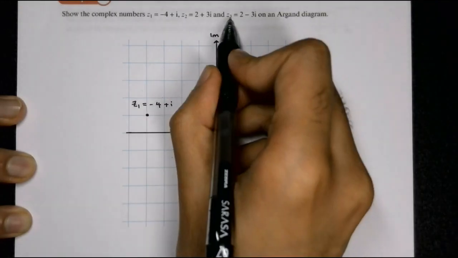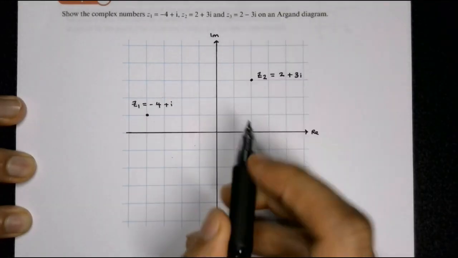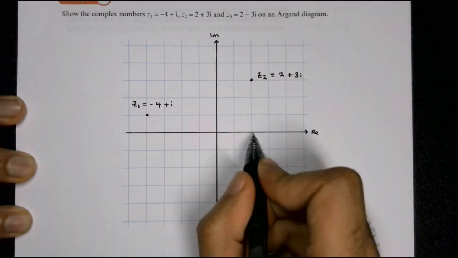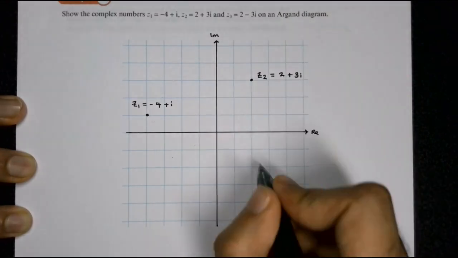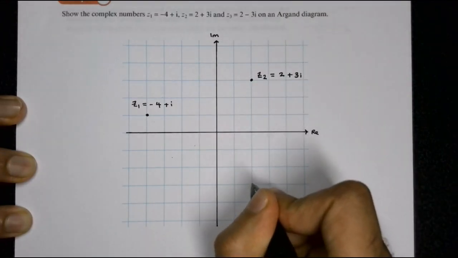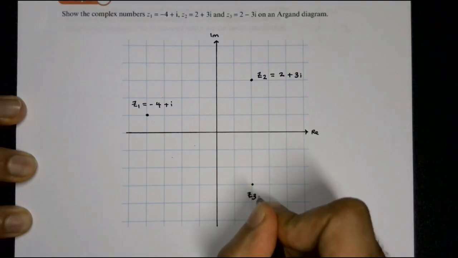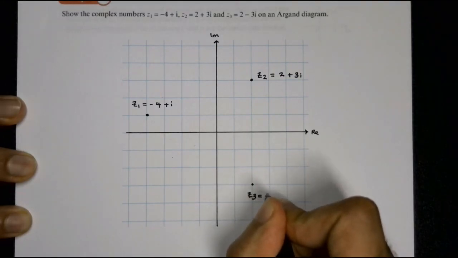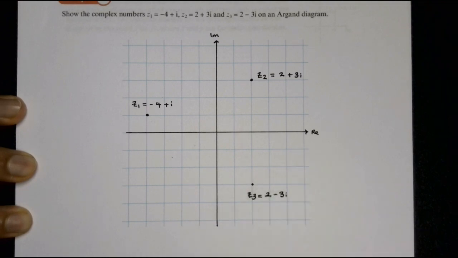And if we consider this point z3 equals 2 minus 3i, we go 2 across the real axis, negative 3 in the imaginary axis. You can see here we have z3 equals 2 minus 3i.